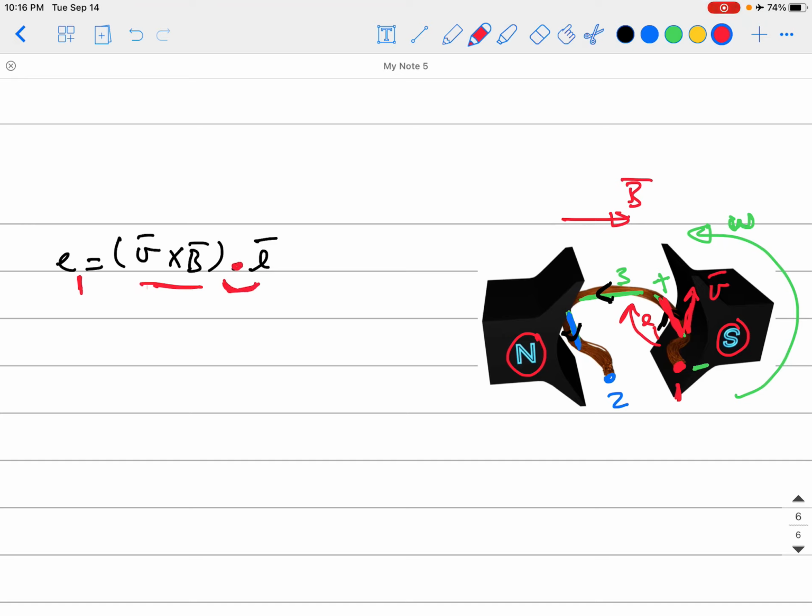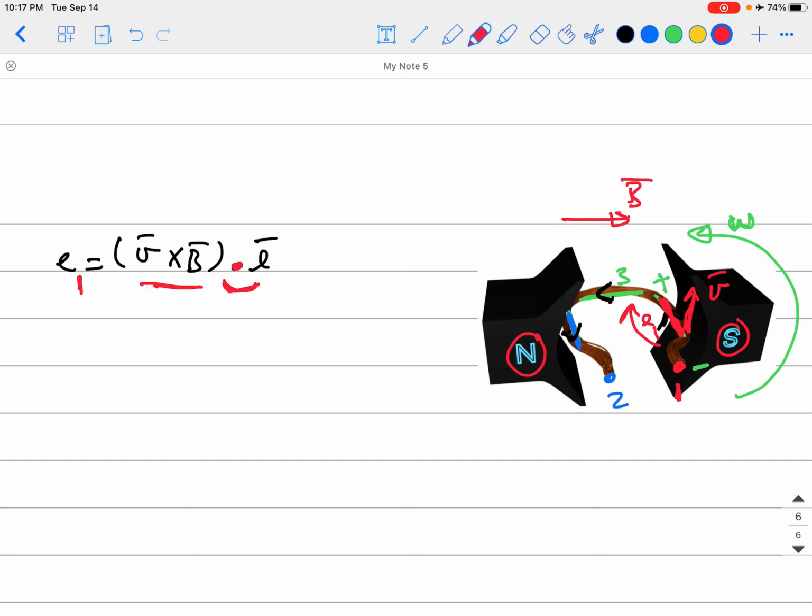The dot product, if you remember, is the magnitude of the first vector multiplied by the magnitude of the second vector times the cosine of the angle between them. Now you have angle 0, and cosine 0 equals 1. That's why we told you they are all perpendicular to each other, so we don't need to bother about the angles. So the voltage here will be negative at point 1 and positive inside, and now you have E1.